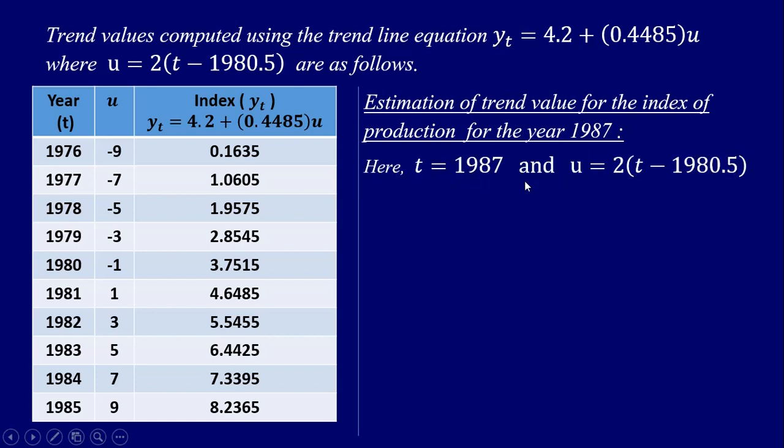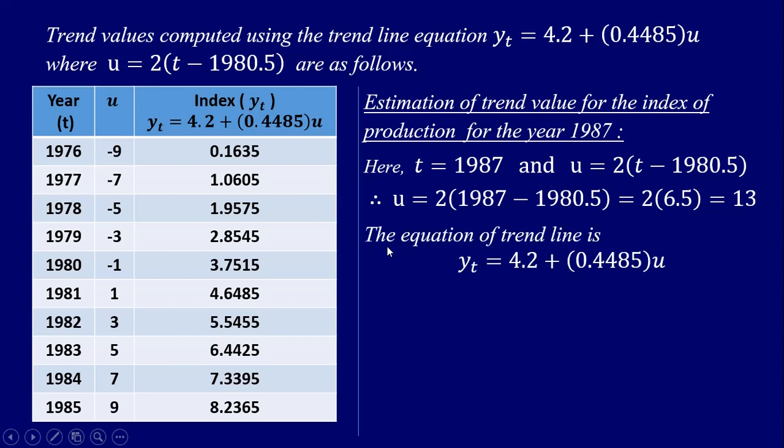So here t is 1987, so u is equal to 2 into t minus 1980.5. So u is equal to 2 into 1987 minus 1980.5. The subtraction gives 2 into 6.5. 6.5 into 2 we get 13. So we get u is equal to 13.